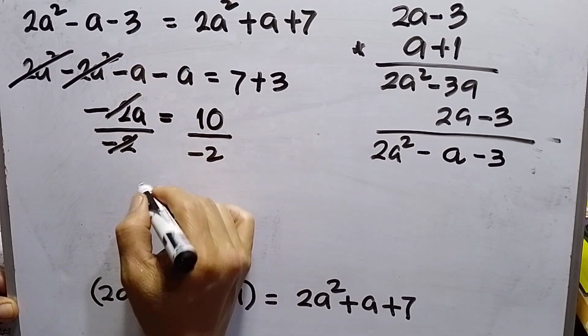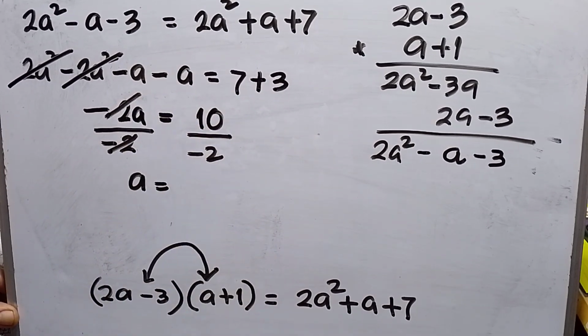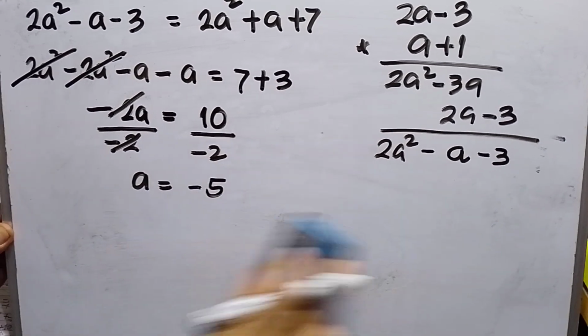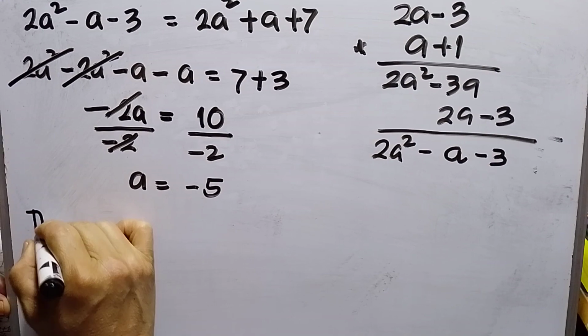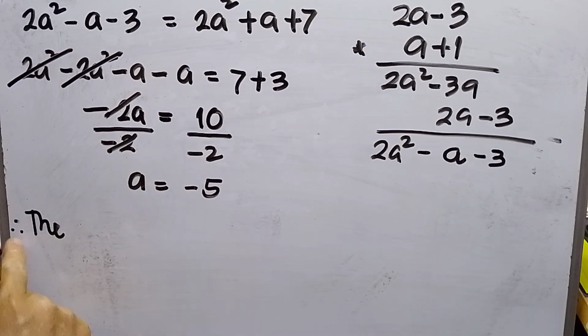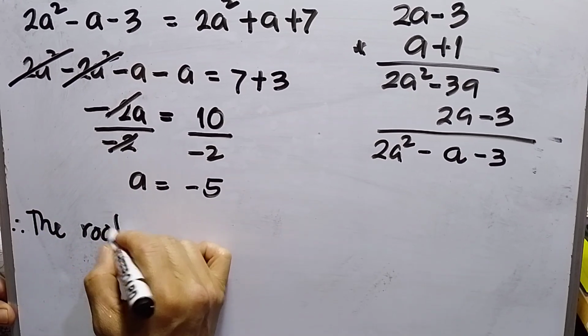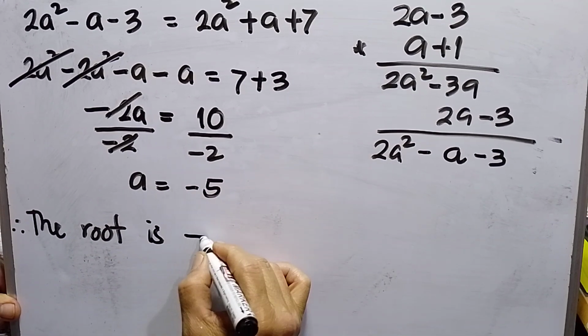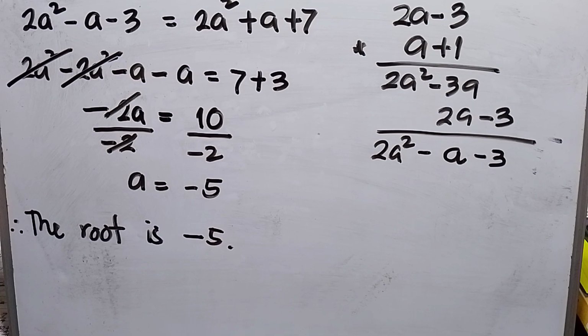So this will be crossed out. So a is equal to negative 5. Therefore the root for equation number 2 is negative 5, or the solution set is negative 5.